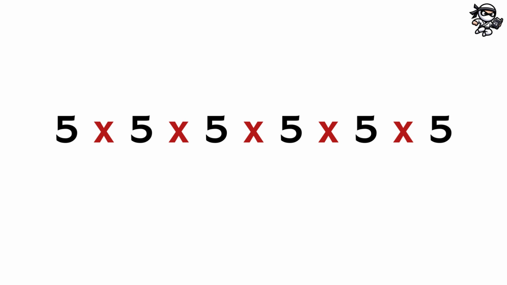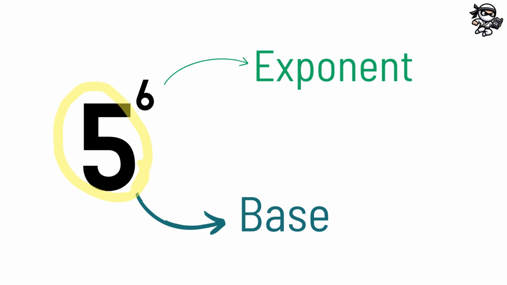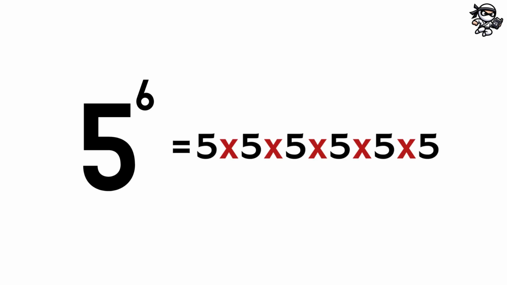How would we write that? This is where we use exponents. It looks like this. This little number 6 in the top right corner here is called the exponent. The other normal-sized number, the 5 in this case, is the base. So the exponent tells us how many times in a row we need to multiply the base.